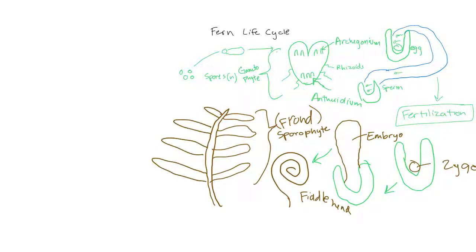And then on the underside of these leaves, you have little areas called sori. This is where, if you zoomed in there, you could see a sporangium.